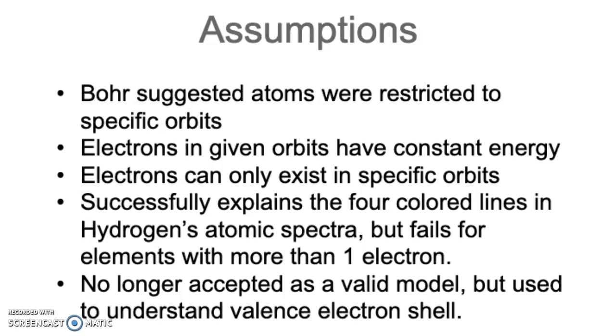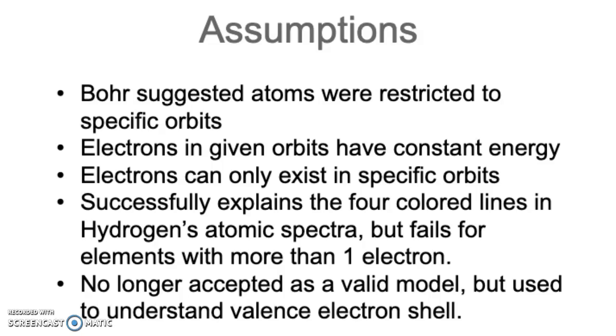Bohr suggested that electrons have constant energy and can only exist in specific orbits, and he successfully explained the four color lines in hydrogen's atomic spectra, but it fails for elements with more than one electron.